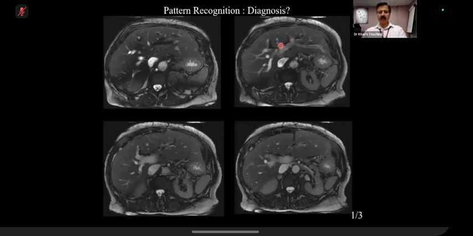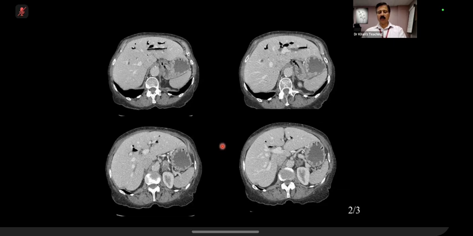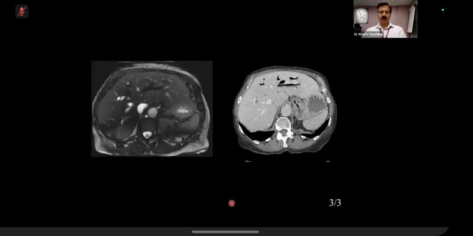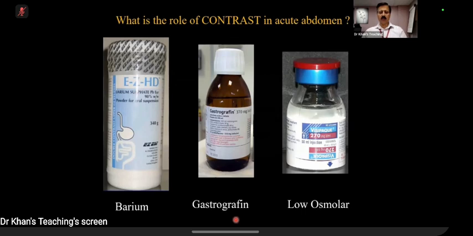But the eye sees what the mind knows, because on a T2 weighted sequence you have not seen it, so you found it very difficult. On the other hand, on a CT scan, it was very obvious. So this is an example, and I'll take it further, where you have to stretch your imagination, and you will find everything very easy.